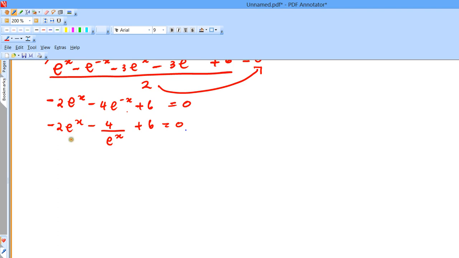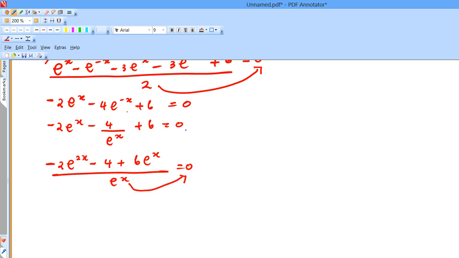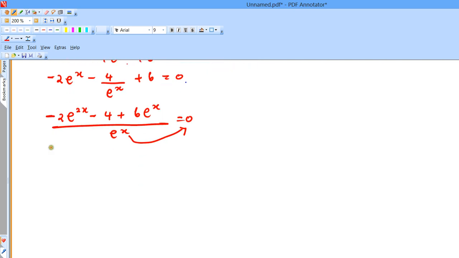Another term is over 1, so we can multiply with e power of x over e power of x. So we get negative 2 e power of 2x minus 4 plus 6 e power of x over e power of x equal to 0, and then we can multiply e power of x with 0. So we get negative 2 e power of 2x plus 6 e power of x minus 4 equal to 0.